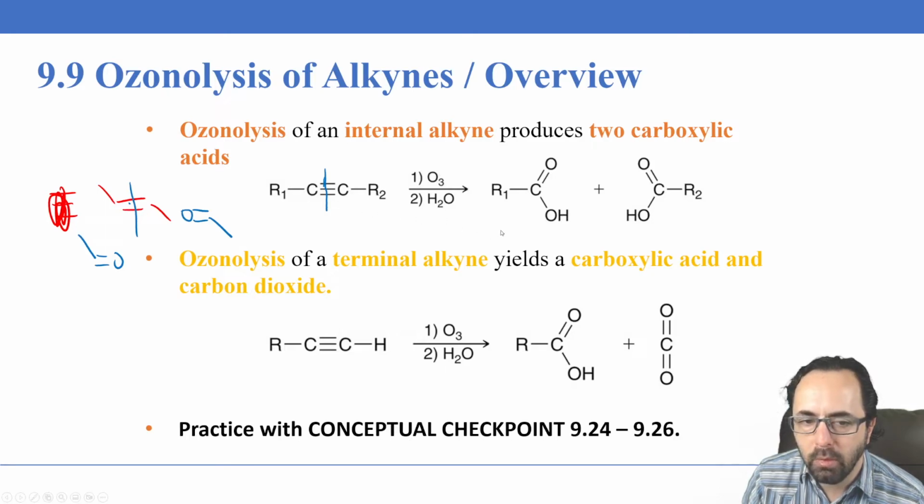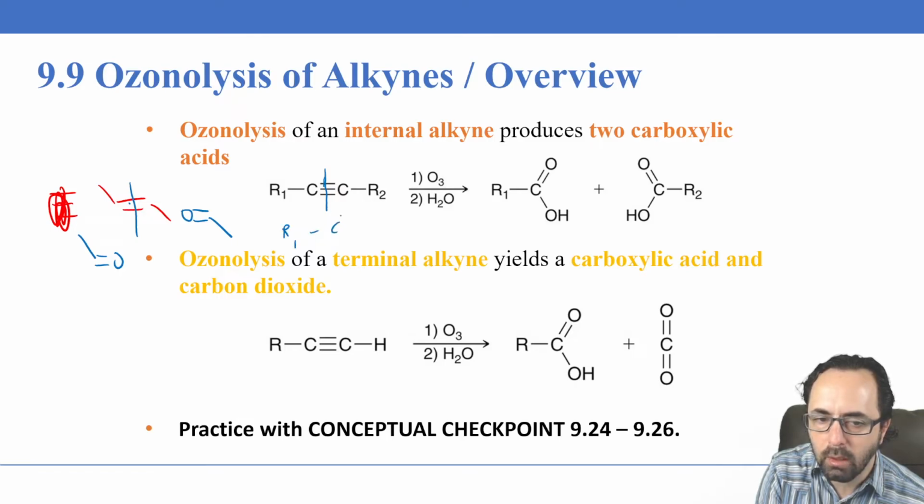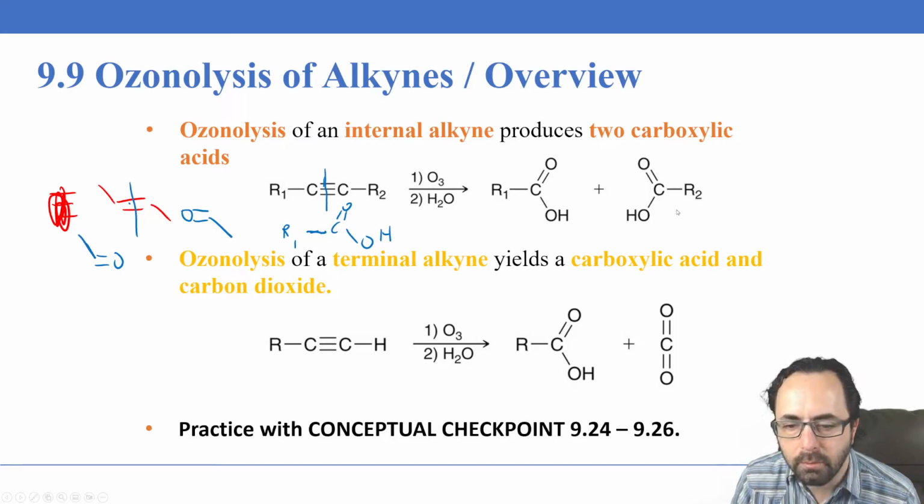So when we chop this one, we get R1, whatever this thing attached to carbon, with a double bond to oxygen. That would be analogous to what we saw here, the line and then double bond to oxygen. But we have one more thing that we do, which is we add the OH as well. And we do that on the other side as well.